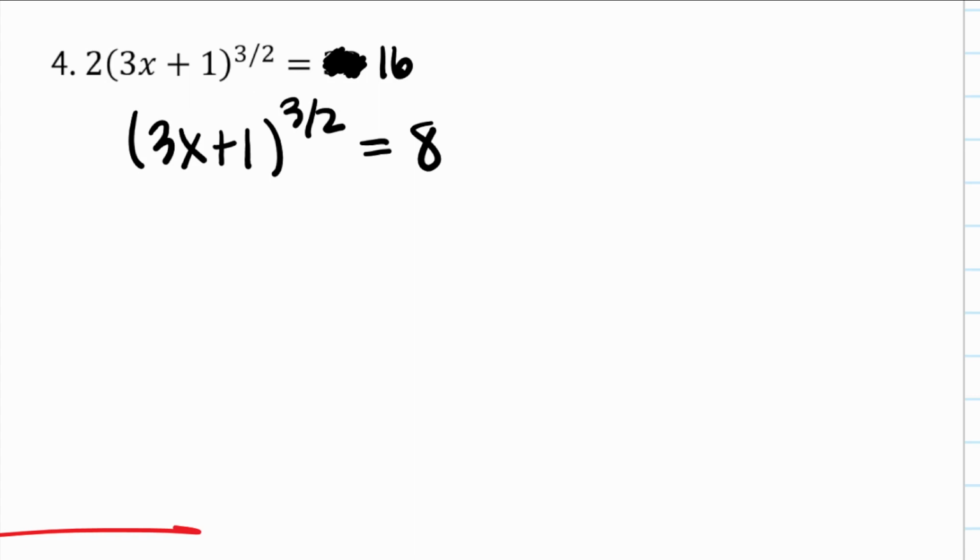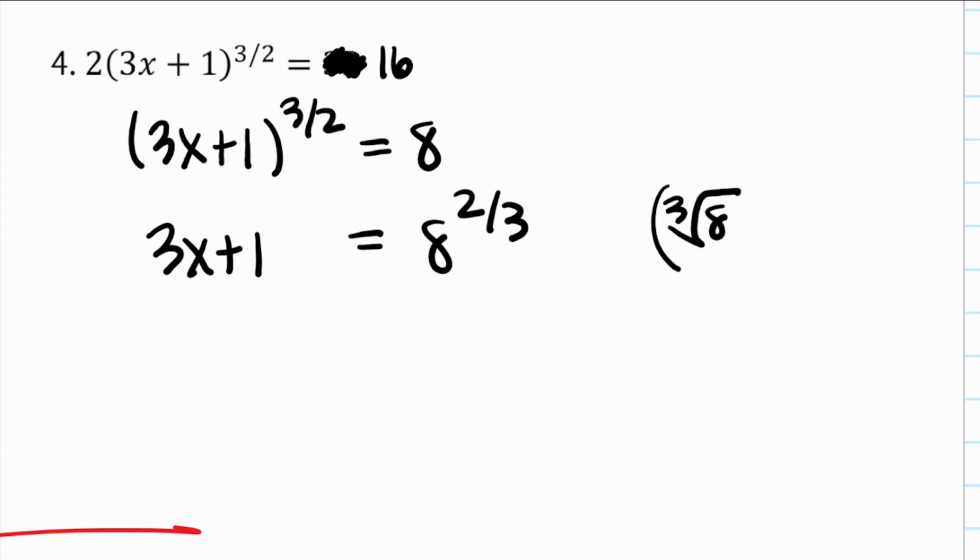And then I'm going to take both sides to the 2/3 power, so 3x plus 1 would equal 8 to the 2/3. Okay, and then 8 to the 2/3 is the cube root of 8 squared, that's 4.